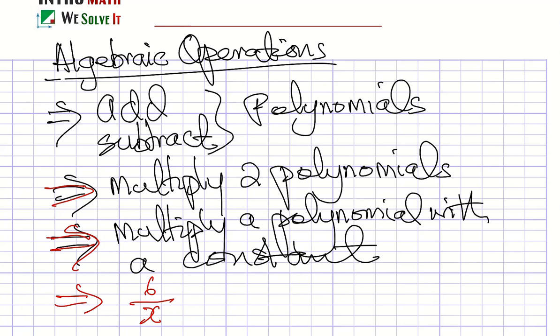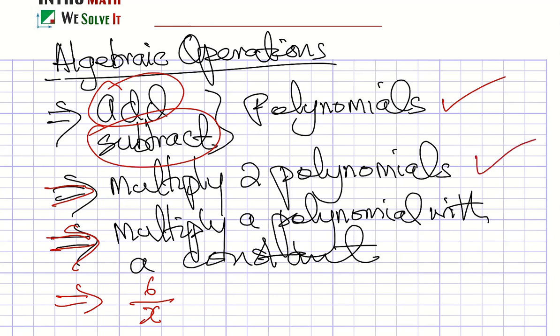But when you add or subtract 2 polynomials, the result is always a polynomial. When you multiply 2 polynomials, you always get a polynomial.